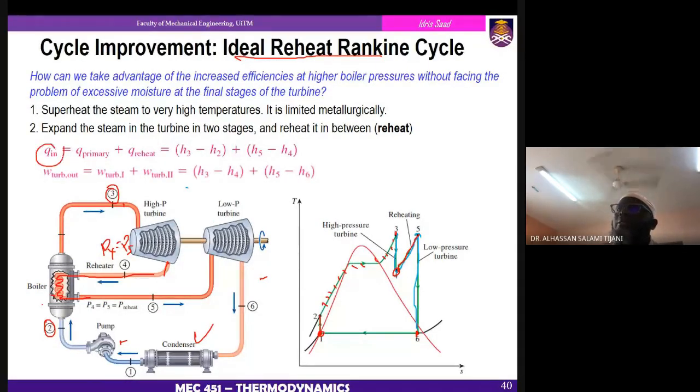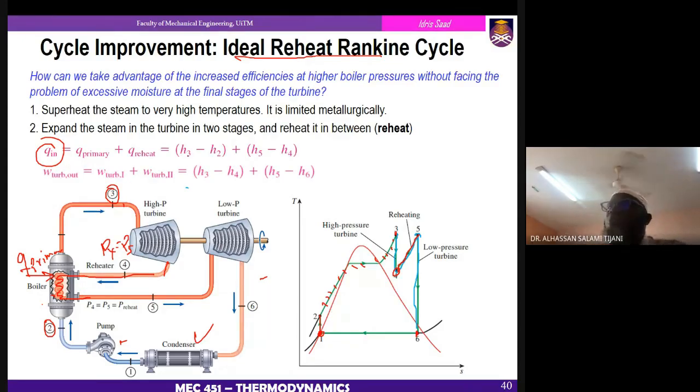Now, Q in can be calculated from Q primary. Q primary means the Q from the boiler. This is the Q primary, and then plus Q reheating. So there will be a reheating again over here.